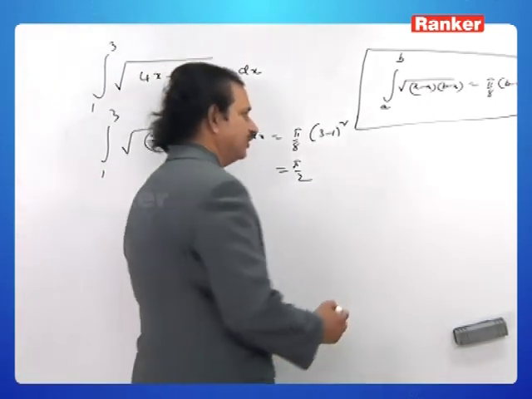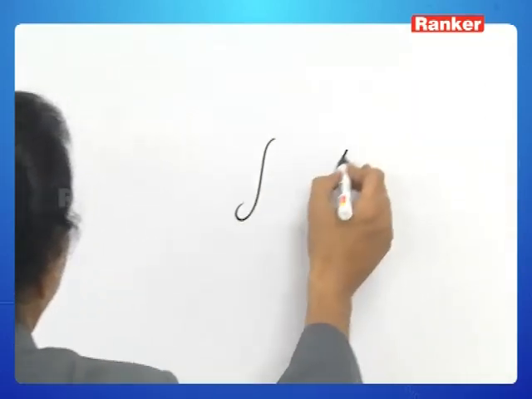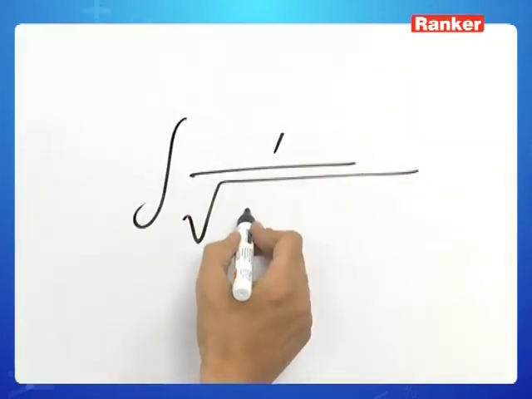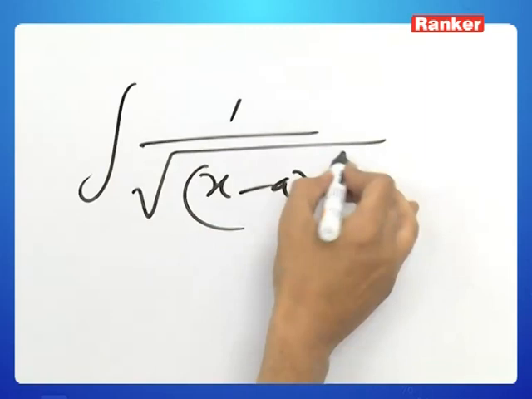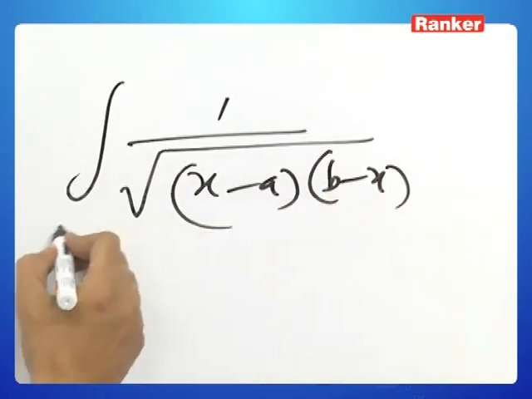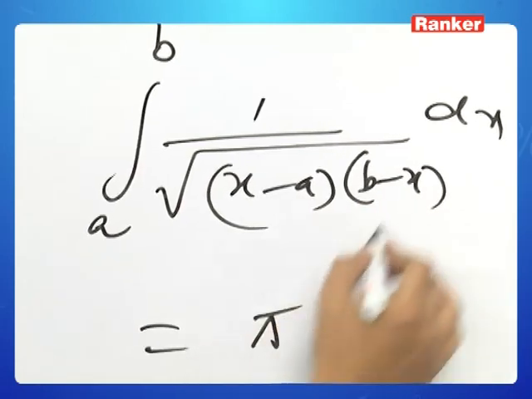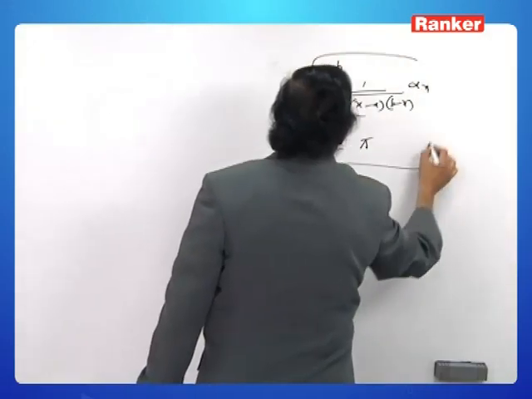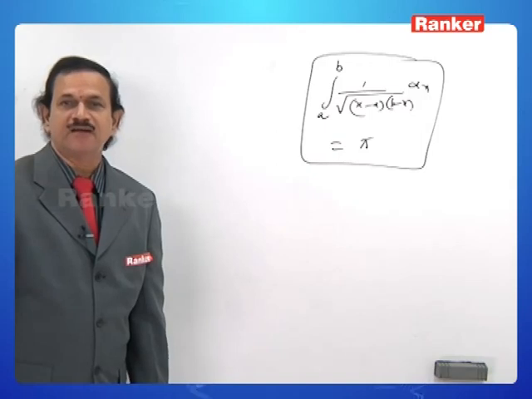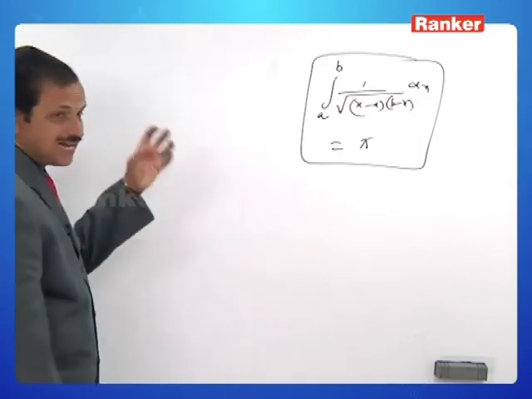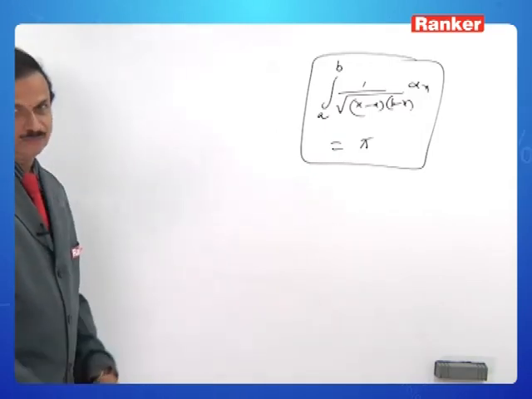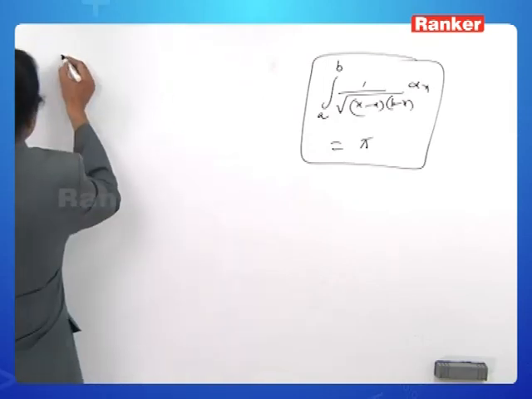Another thing is also there: integral of 1 by square root of x minus a into b minus x dx between the limits a to b is just nothing but pi. As it lies in the denominator, well, you tell me the answer.